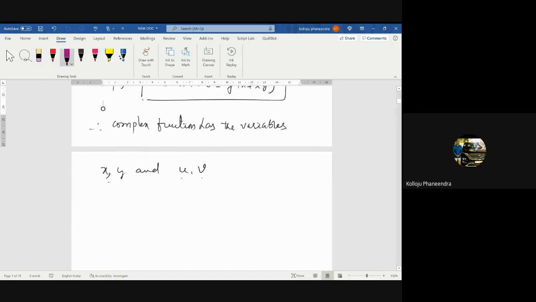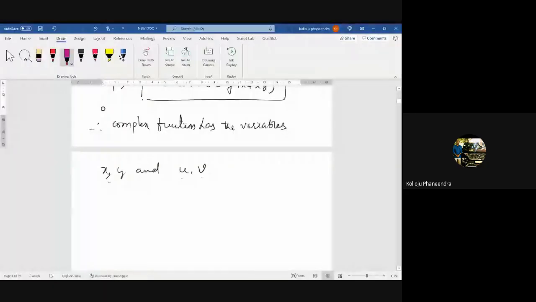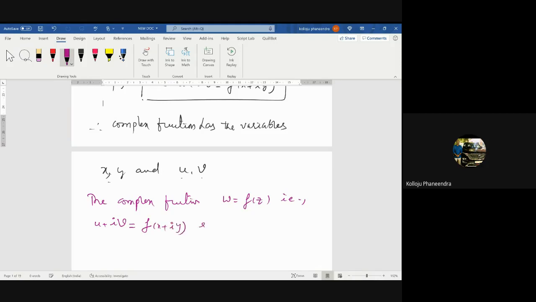And one important point is that the complex function w equal to f of z represents a transformation. W equal to f of z, that is u plus iv. W is u plus iv, and z means x plus iy.